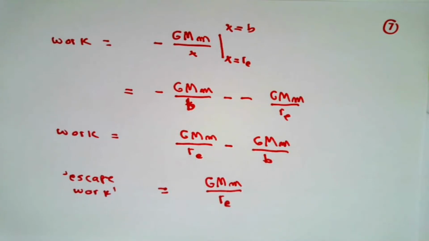If you give the object an amount of energy, G capital M, little m over the radius of the Earth, then the object will move arbitrarily far away from the Earth. In a certain sense, it will escape. It will go up, but it doesn't come down.